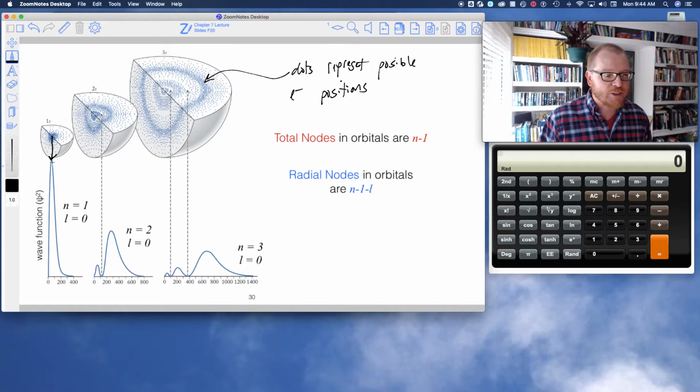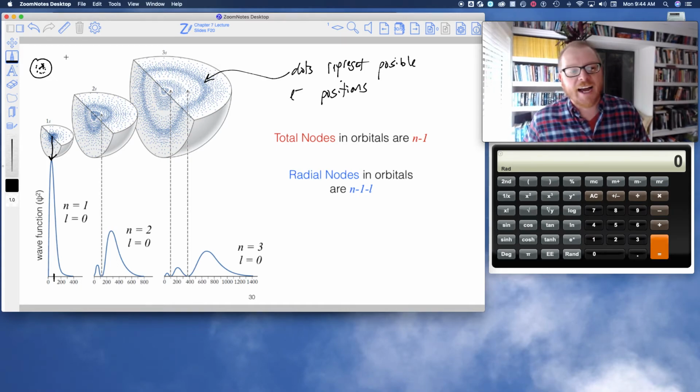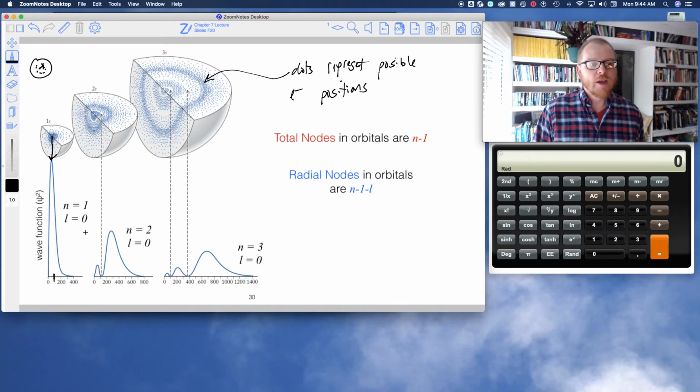And if I trace where that peak is, it's maybe 100 picometers away from the center. So it does kind of look like an orbit, but because it makes this 3-dimensional shape, we call it an orbital. That's due to n equal to 1, L equal to 0.